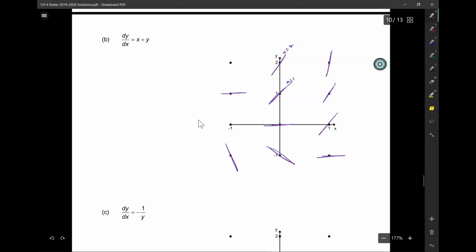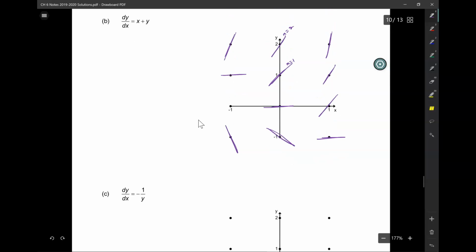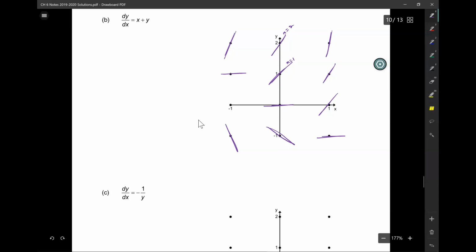And then here, at -1, 2, you have a slope of 1. Okay. Isn't that one 0? The -1, 1. -1, -1. Wait, no. It's not -1.